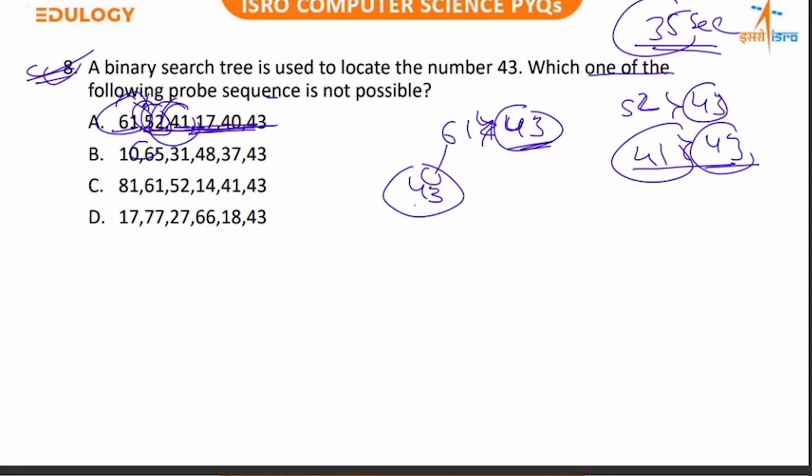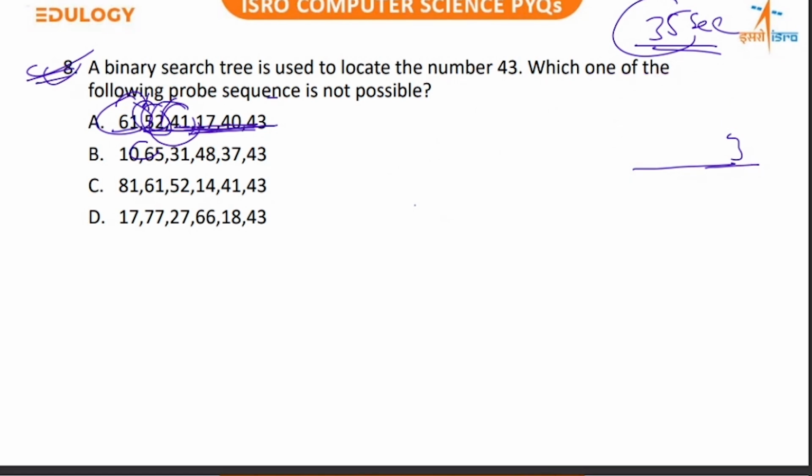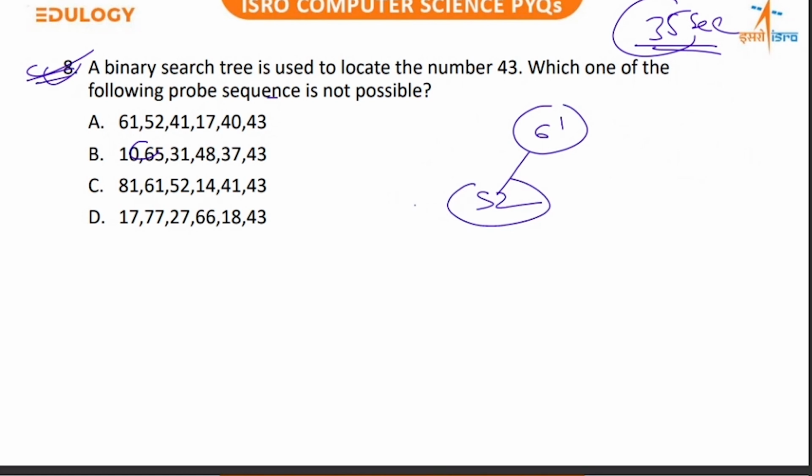Okay, let's see. We have to simply check the flow sequence. 63, 52, 41.